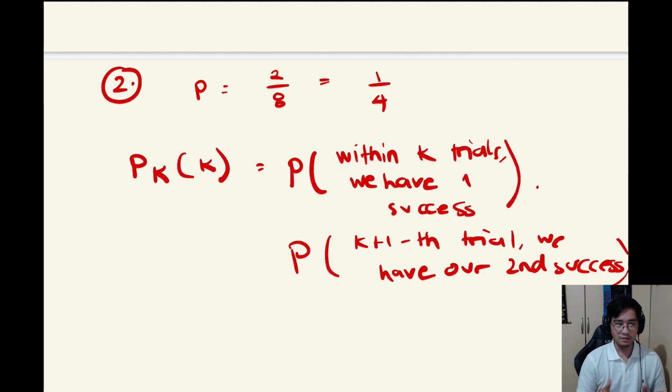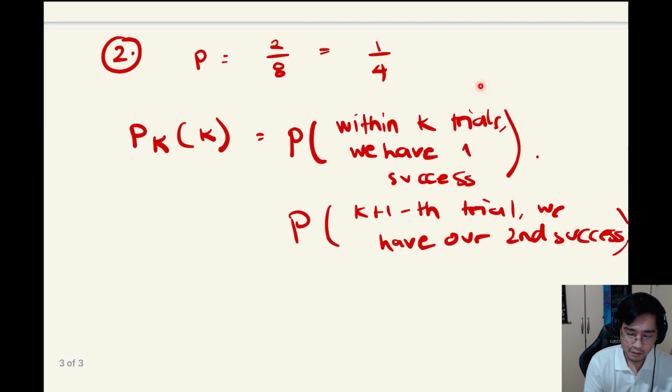Because we want to find the PMF of K, where K is the number of trials before the second success. And that will only happen if out of the K trials that we have, we only have one success. And on the K plus 1 trial, that means the next trial after those K trials, we have our second success.